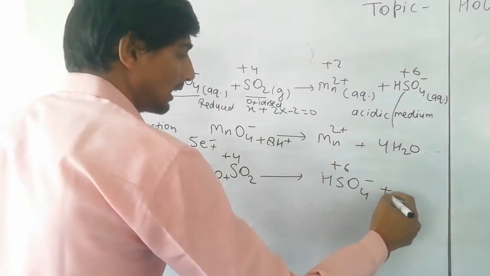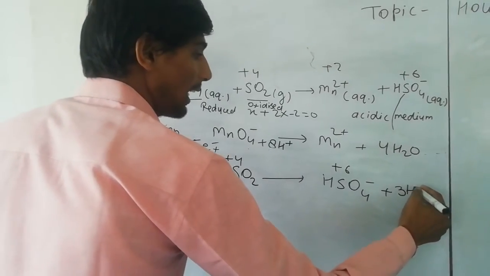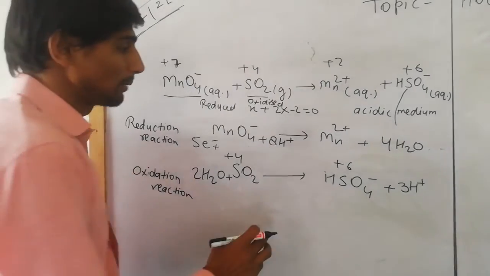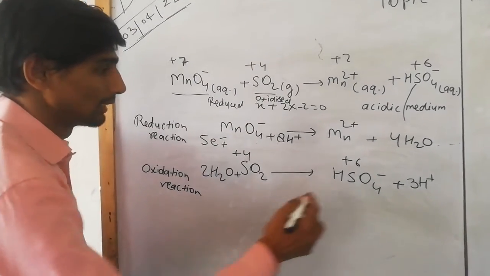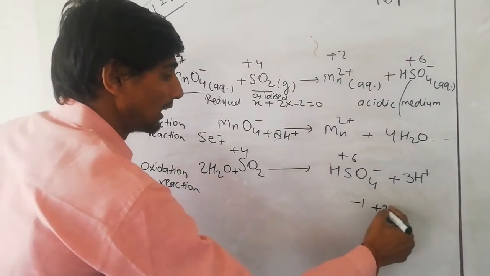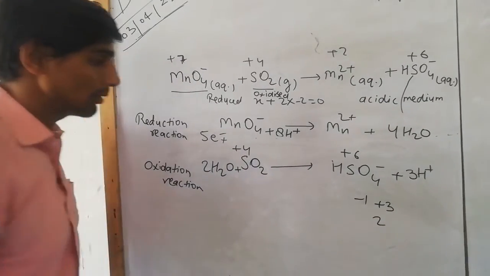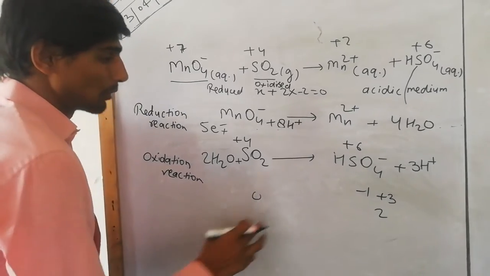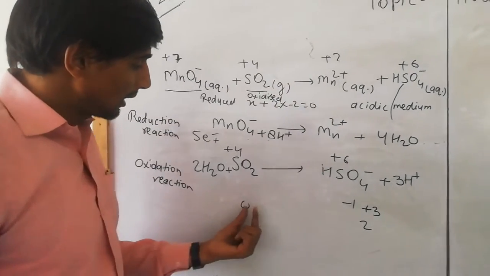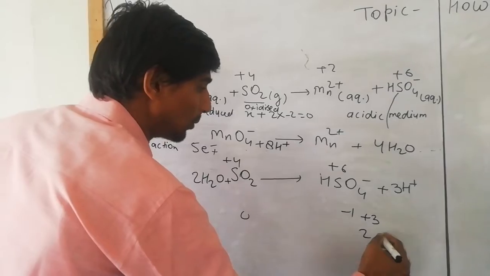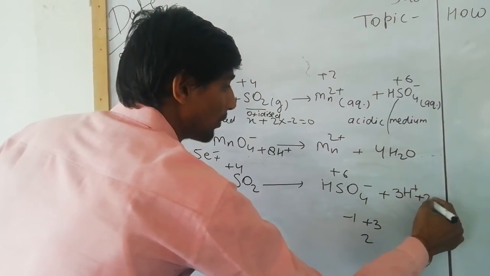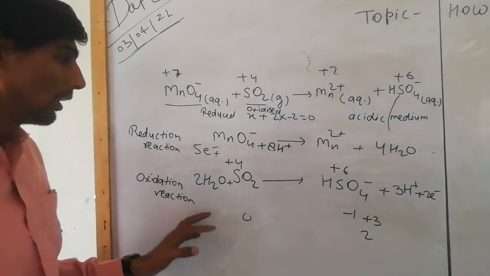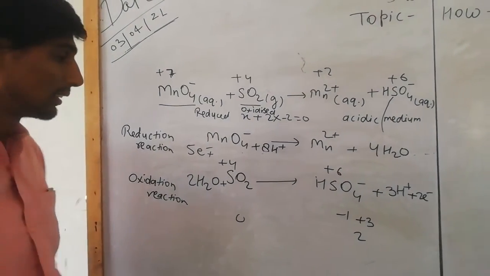Here 3 hydrogen less, so we add 3 H plus. Hydrogen is balanced in the form of H plus. Now we balance charge. Here minus 1 plus 3 is equal to 2, and here the charge is 0. So we need to balance 0 with 2, so we add 2 electrons here. Now both the reduction reaction and the oxidation reaction are balanced.